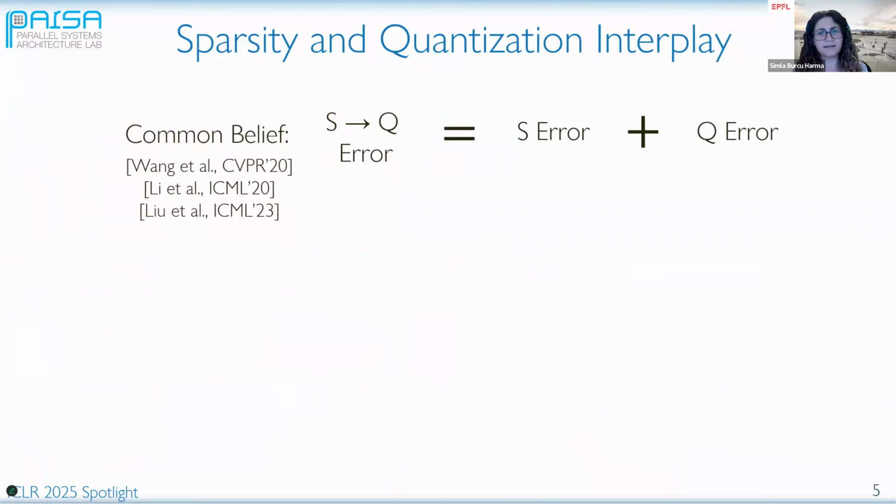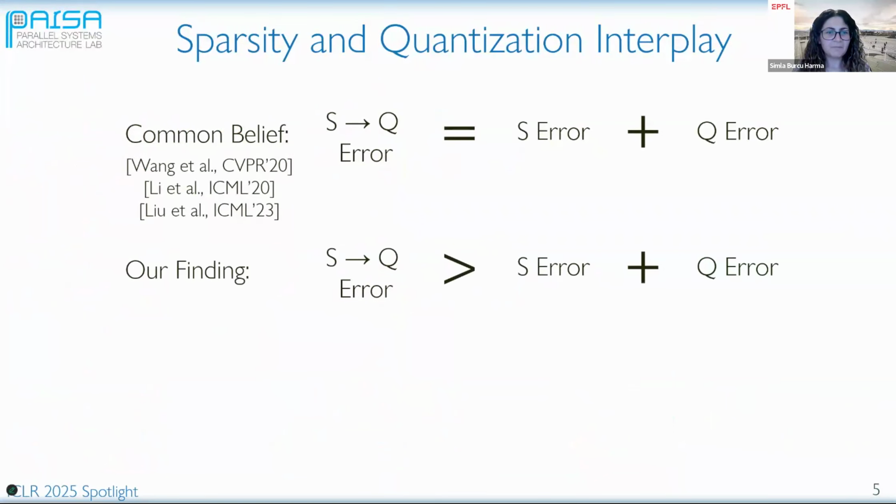Previous work assumed that the total error is additive without extra interaction. That is, sparsity and quantization are orthogonal and can be stacked without compounding effects. But in our work, we show that this assumption does not hold. In fact, the combination leads to compounded errors, meaning their interaction can hurt model performance more than expected.